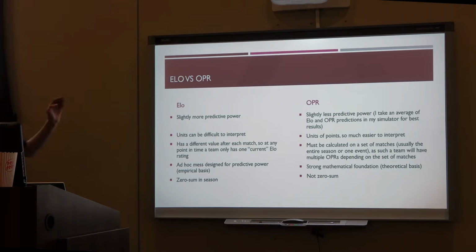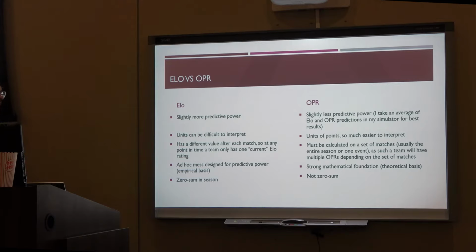Elo is iterative, so it updates after each match. So at any point in time, a team only has their current Elo rating, and that includes all matches in their history up to that point, which can be any point during an event or after an event. OPR is calculated all at once on a set of matches. Usually a single event is the most common way to calculate OPR.